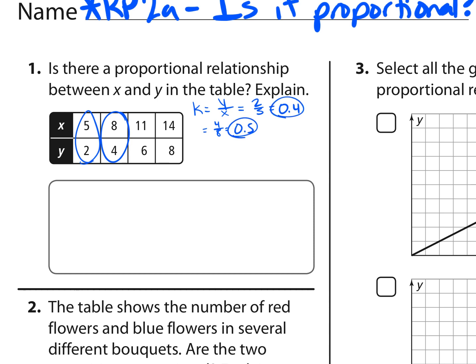So I'm already getting different ones. 6 divided by 11 is going to be a decimal that keeps on going, 0.54 repeating. So no. Explain. The values are different.